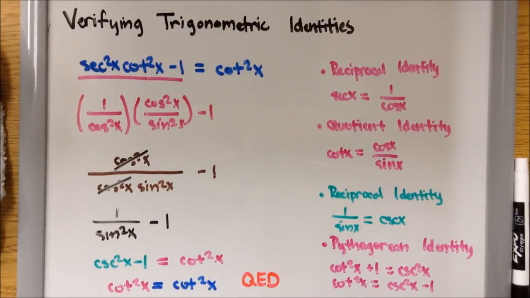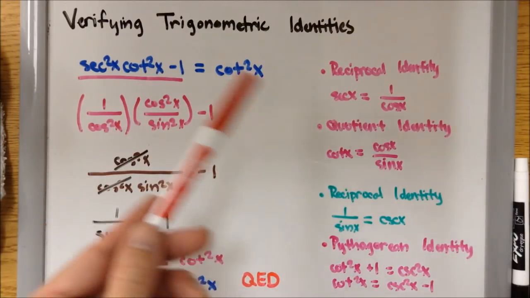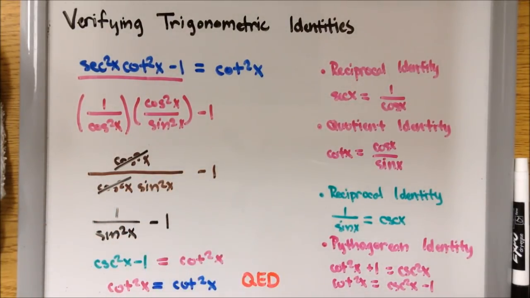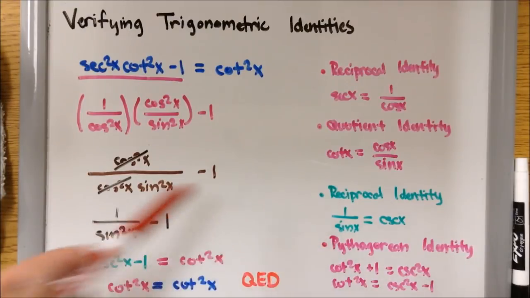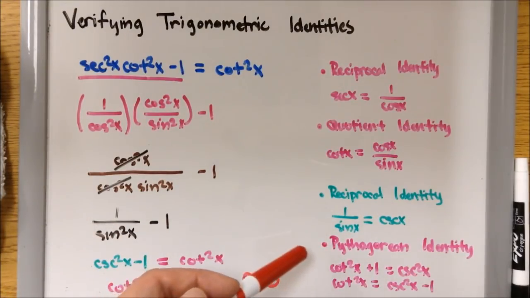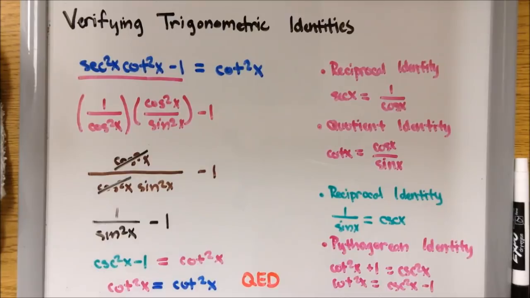So in review, I list out all the identities that we used here: reciprocal, quotient, multiply fractions, and then apply reciprocal identity again, and then apply Pythagorean identity. Now this example used a lot of the identities, and as we progress to 5.2, we're going to talk about how to simplify by combining fractions, simplify by eliminating fractions, and simplify by factoring.